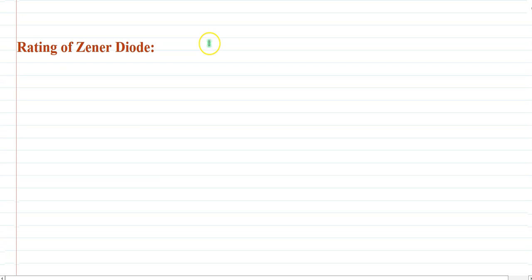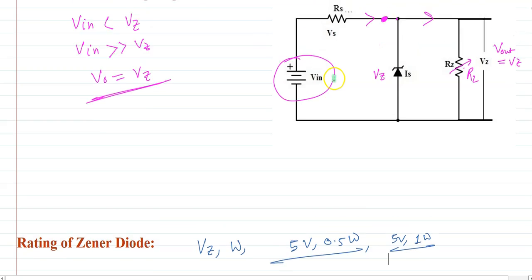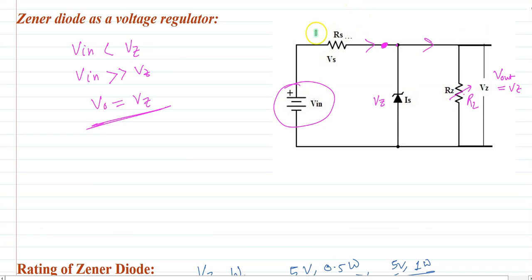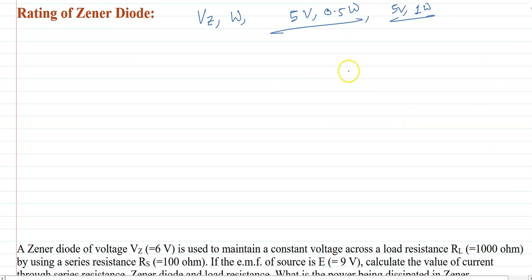So the rating of a Zener diode is like Vz and power wattage, so maybe 5 volt, 0.5 watt, or 5 volt, 1 watt. Depending on rating and input voltage, we have to choose RS so that the Zener will not burn.